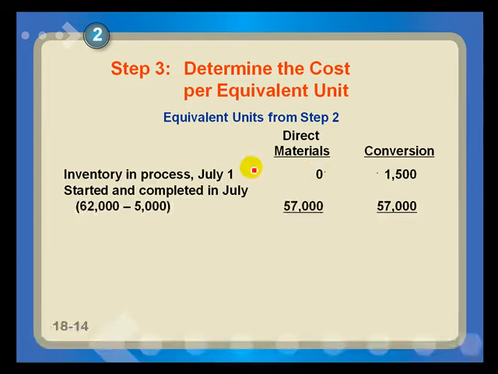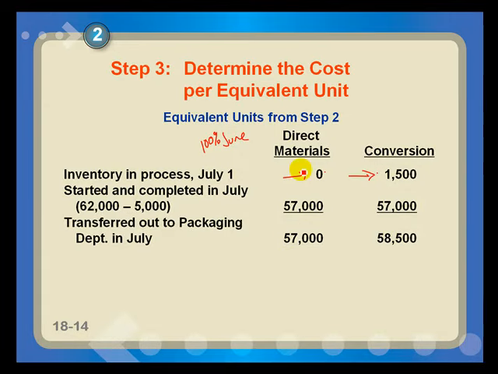So inventory in process, again, just remember direct materials is 0 because if it was in process, then we did 100% of those materials in June. So 0 are added in July. But we did add 1,500 conversion costs to those. Started and completed, well, that's 62,000 minus the 5,000 leaves us 57,000 started and completed.